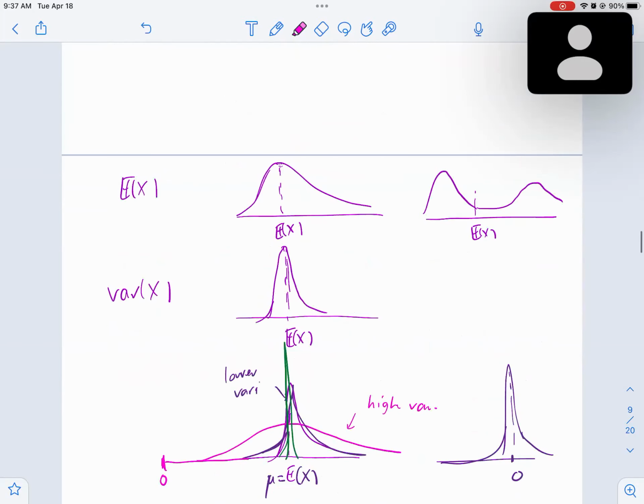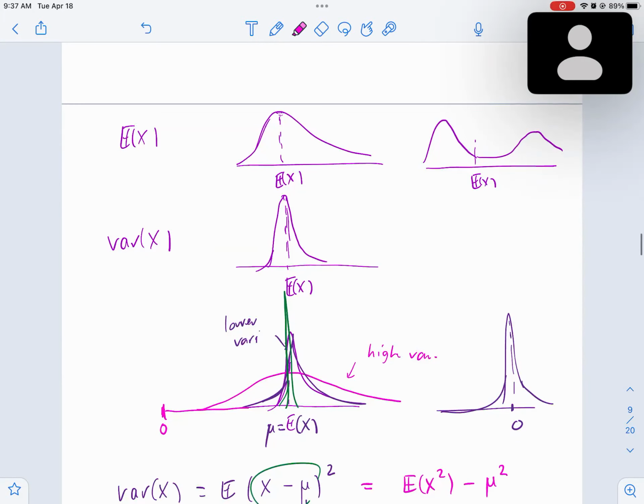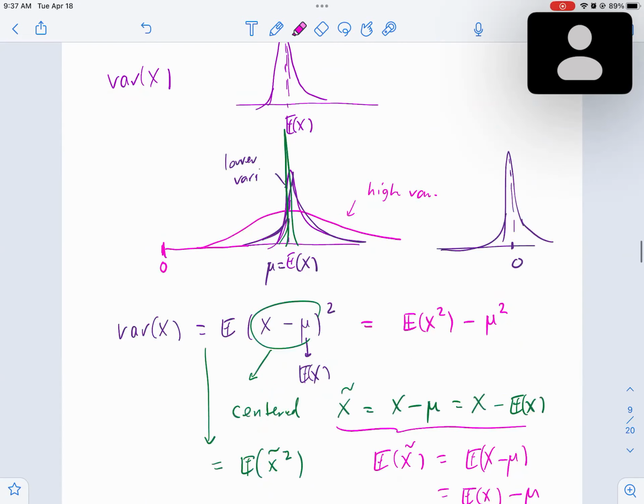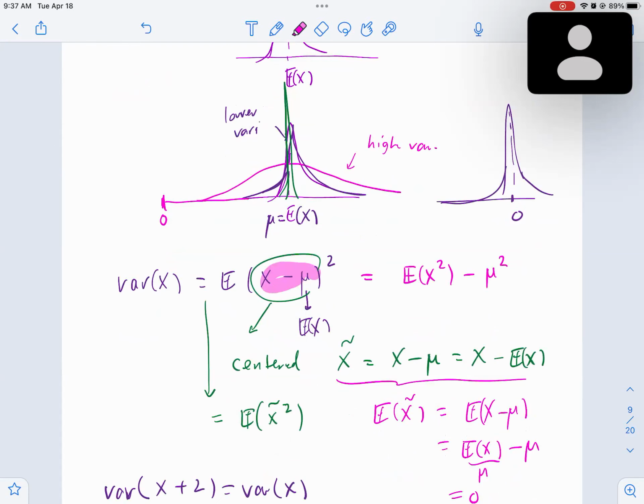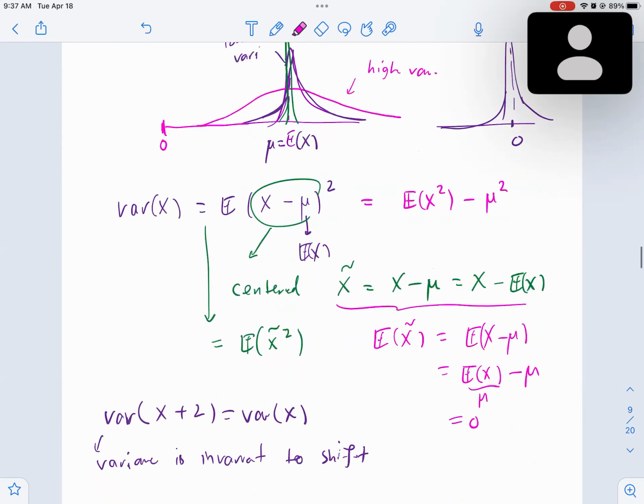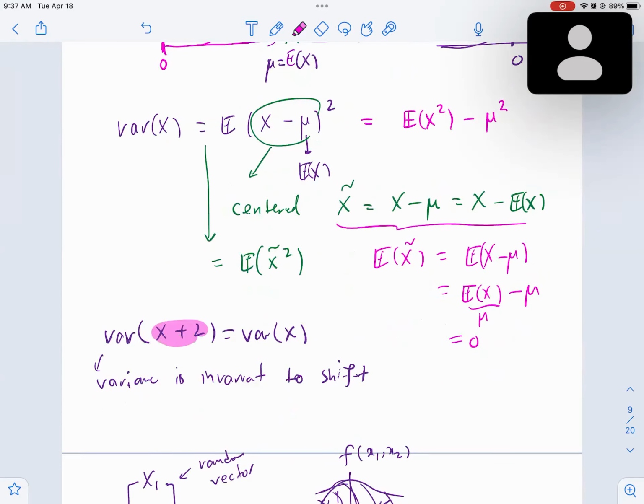And then we talked about the variance. The variance is a measure of spread, how spread out the variable is around the mean. And because of the way it's defined, it's invariant to shift. It's basically the second moment of the centered version of the random variable.